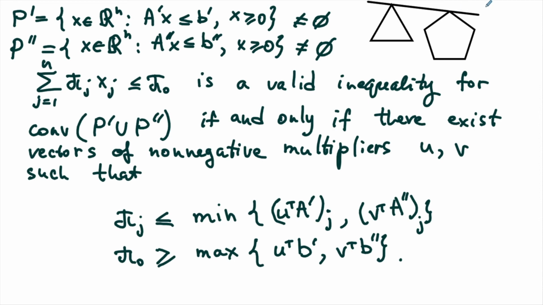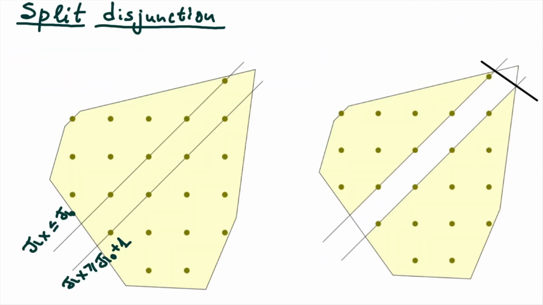Finally, we will mention how the disjunction can be used to generate cuts for mixed integer programming in a systematic fashion by applying the so-called split disjunction cuts. Alright, so assume that you have this polyhedral set right here, and there is a line or some hyperplane cutting through this feasible set.